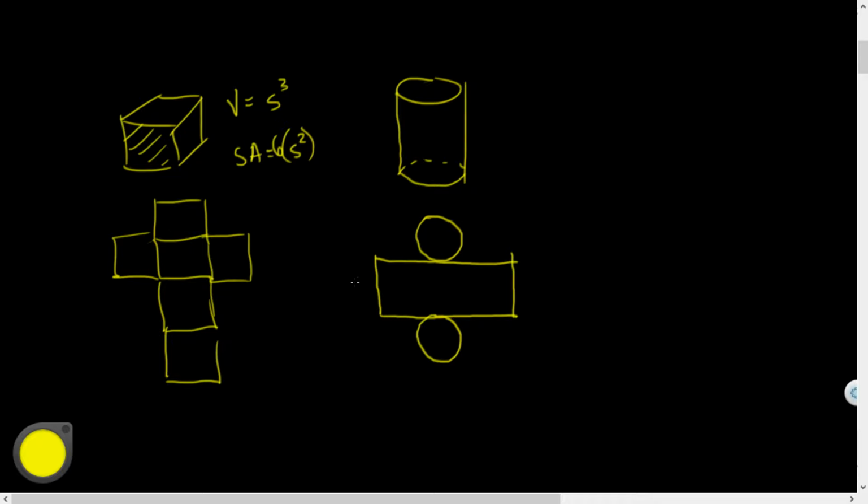Now let's label some dimensions. This is the radius right here, and this dimension would be the height, not to scale. Question, what would this dimension be?